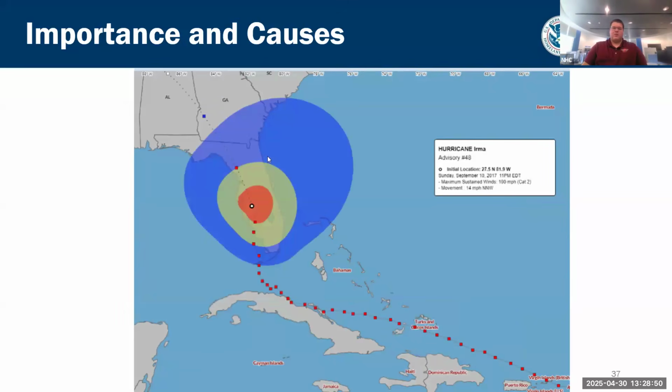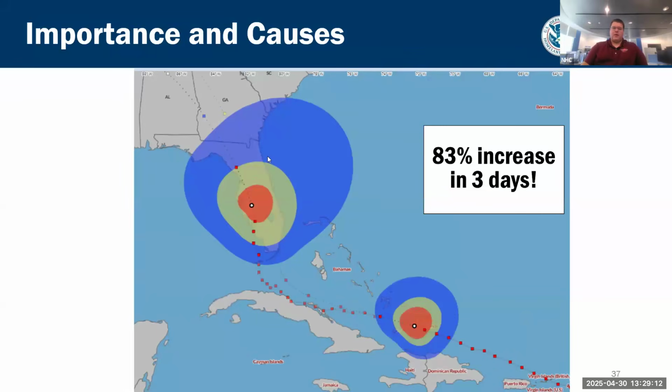You can see the tropical storm force winds, hurricane force winds, even strong tropical storm force winds encompass the entire state. If you were just looking at the forecast track moving up the western side of the peninsula, and not thinking you'd have to worry about it in northeast Florida or even Georgia, you would be wrongly mistaken. So we do have to account for how the storm is going to grow within the forecast period.